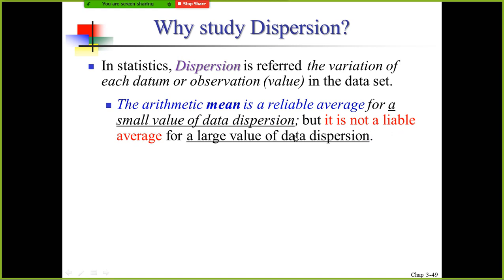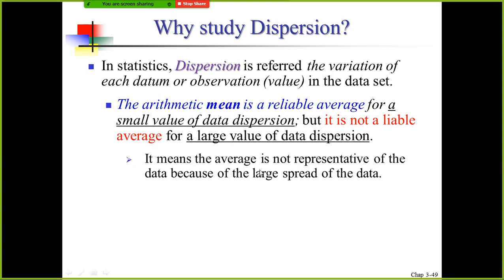But it is not a reliable average for a large value of data dispersion. If our dataset has extremely large and extremely small values, the arithmetic mean cannot be used to understand the average or midpoint value. It means the average is not representative of the data because of the large spread of data.